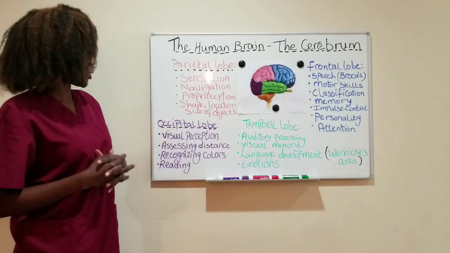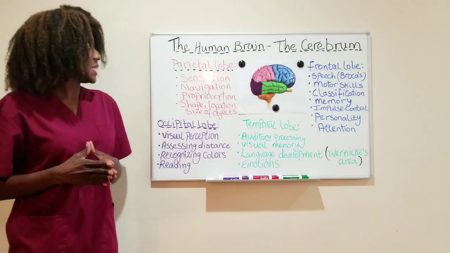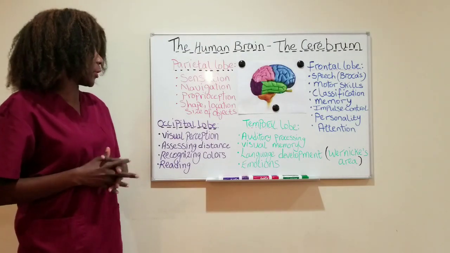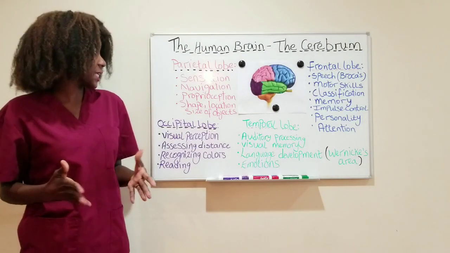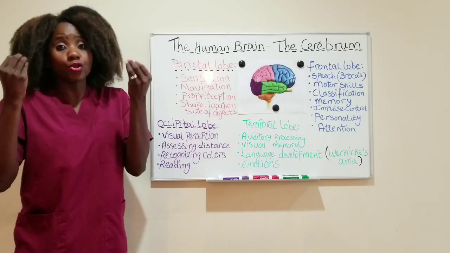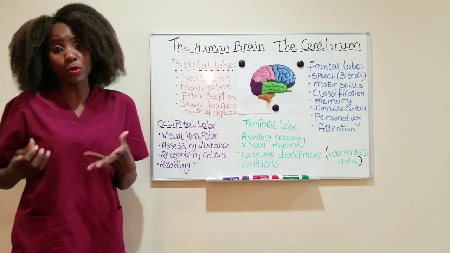So that is proprioception. All right, and finally, this lobe is responsible for helping you to remember the shape, location, and size of objects without visualizing them, without a visual stimuli.